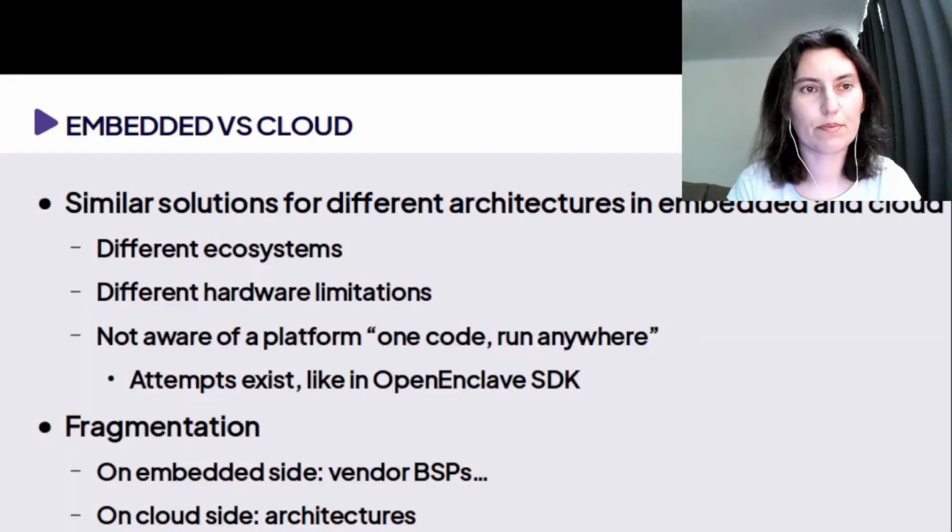Now, what I've been noticing here is that we have a little bit of a gap between embedded and cloud. We have quite similar solutions for different architectures, for the embedded pod and for the cloud pod, but they are different ecosystems.